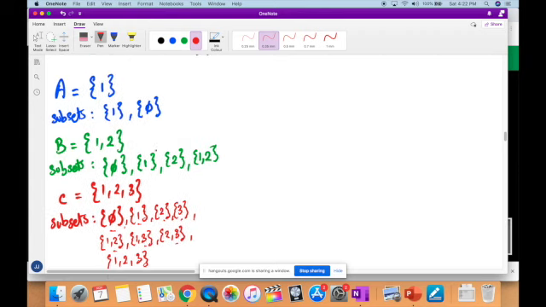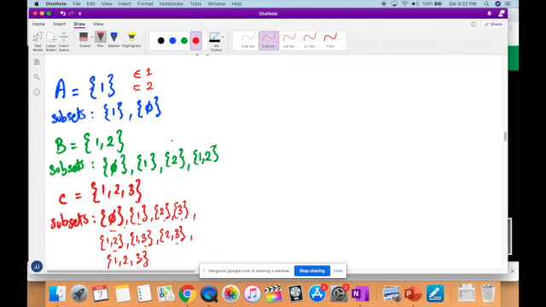So with this one, right? So for this one, the number of elements, we have one element, and then the subsets, we have 2 subsets.